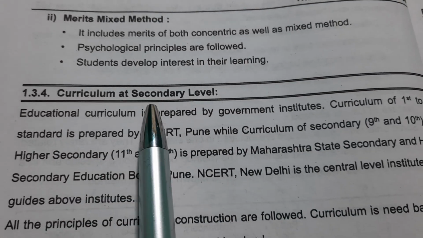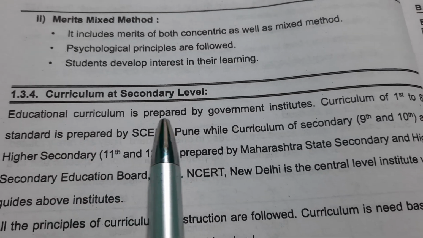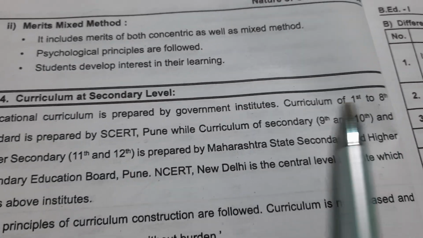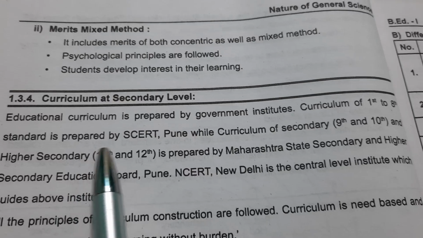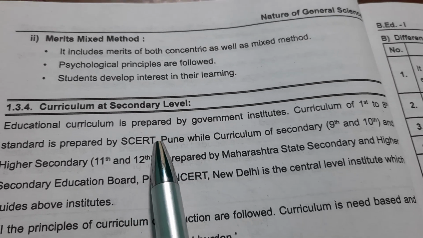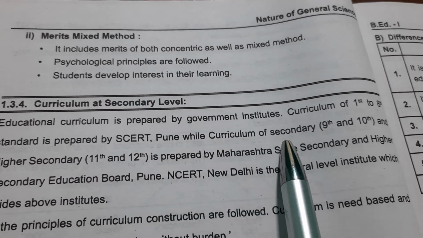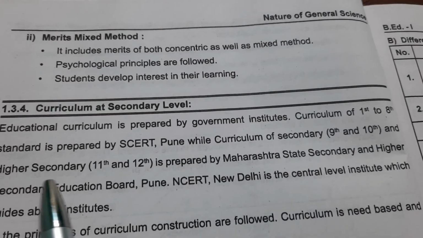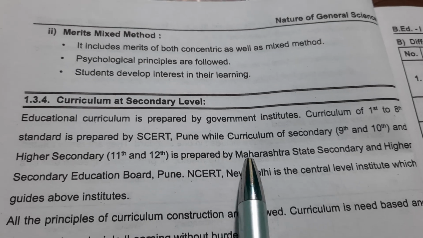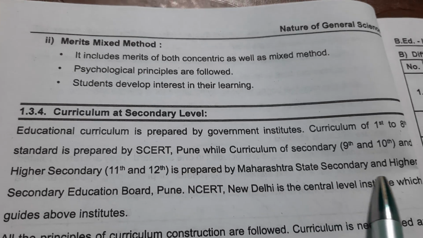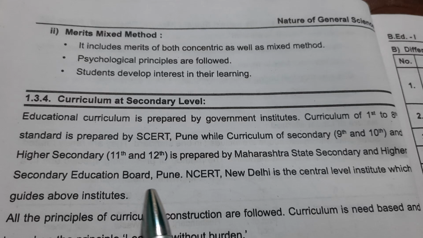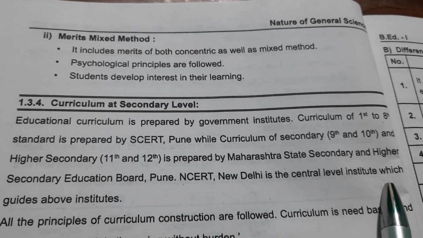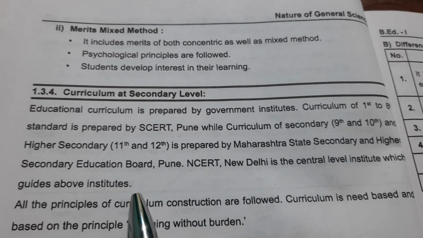Next what we have is the curriculum at secondary level. Educational curriculum is prepared by government institutes. Curriculum of 1st to 8th standard is prepared by SCERT, Pune, while curriculum of secondary 9th and 10th and higher secondary 11th and 12th is prepared by the Maharashtra State Board of Secondary and Higher Secondary Education, Pune. NCERT, New Delhi is the central level institute which guides the above institutes.